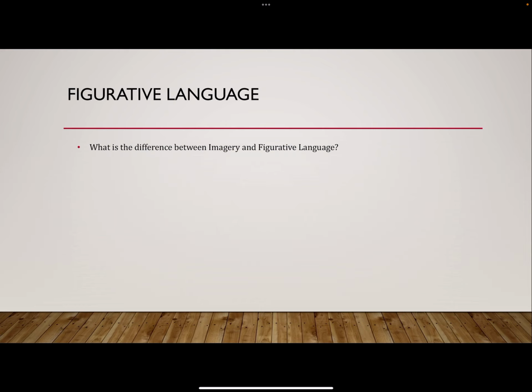Now, ask yourself, what is the difference between imagery and figurative language? It may help for me to give you the tip that one is more of a tool used to produce the other. So one is kind of the tool and one is more the product.